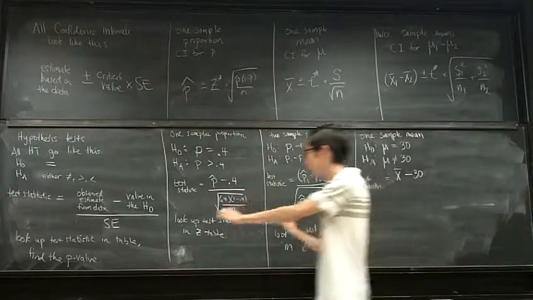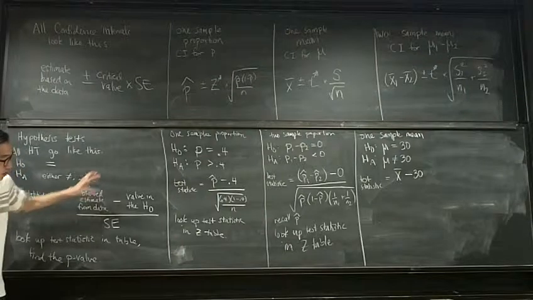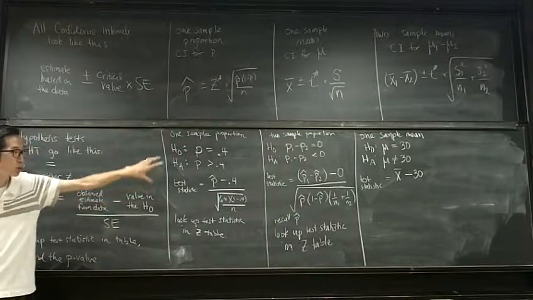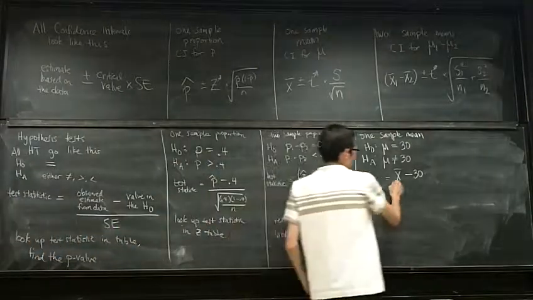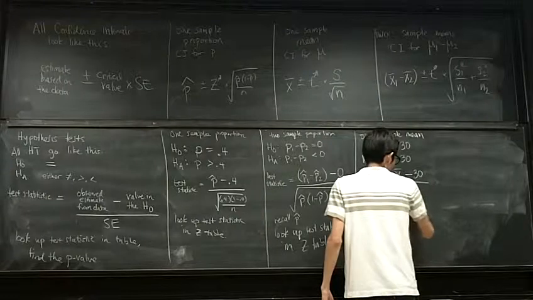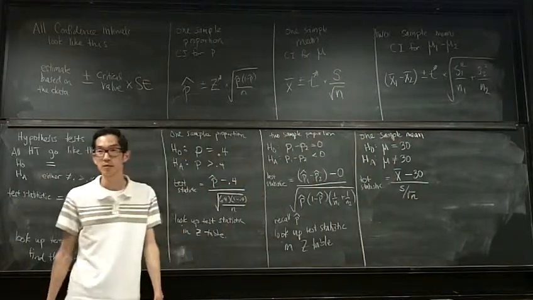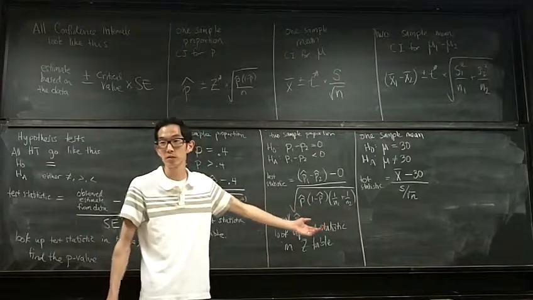I'm trying to get you to see that in all of these we have an estimate coming from the data, in this case X bar, and the number in the null hypothesis, in this case 30. And what's the standard error? Now we have S over the square root of n. Then we look this up in what table?